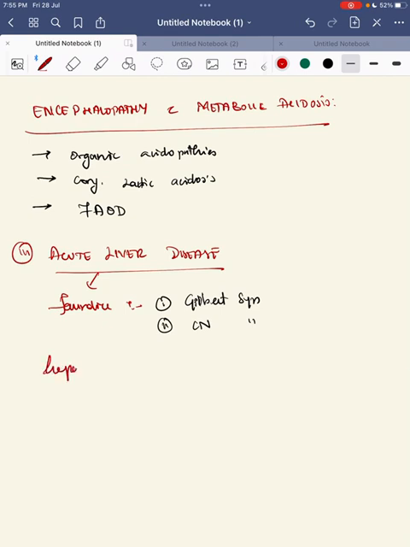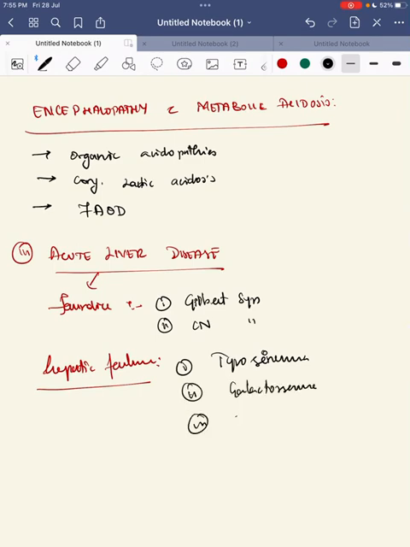Or when the child presents with hepatic failure, this can be due to tyrosinemia, second, galactosemia, third, glycogen storage disorder type 4, or it can be due to neonatal hemochromatosis.